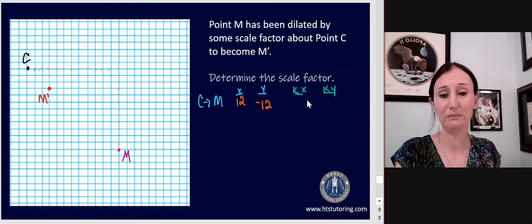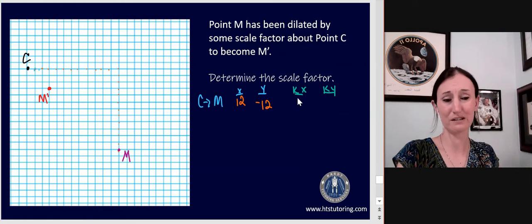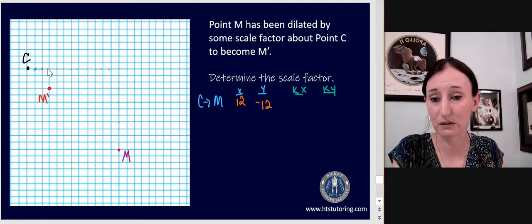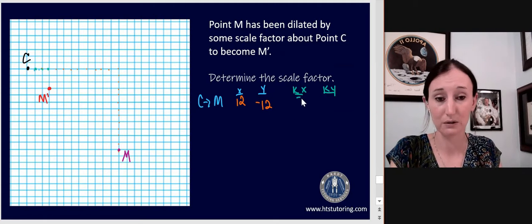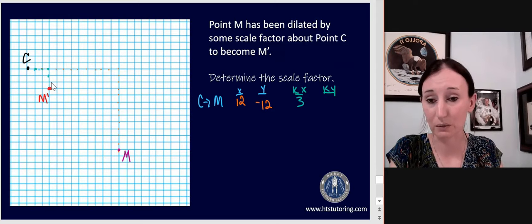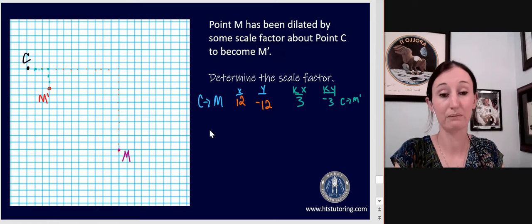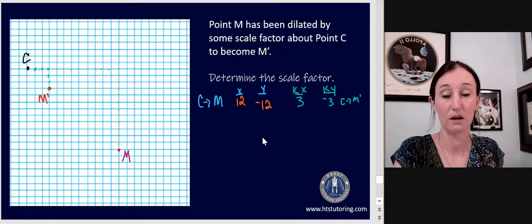We do know what it is from C to M prime. C to M prime is 3 in the x, and negative 3 in the y. So that's our distances.